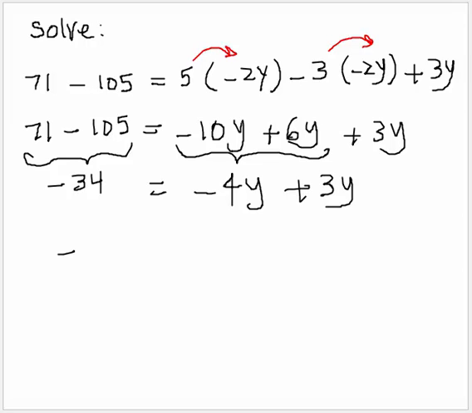And then we have minus 34 is equal to minus 4y plus 3y. What would that be equal to, anyone? Minus y or minus 1y. That's correct. Okay, not 1y, Casey. Minus 1y or minus y.